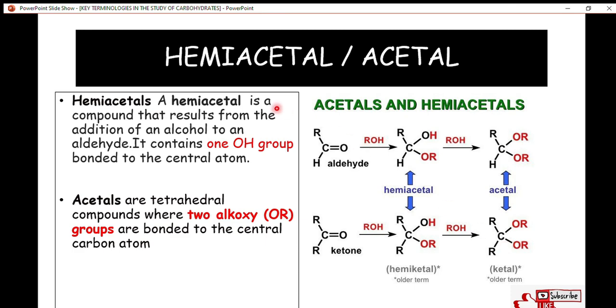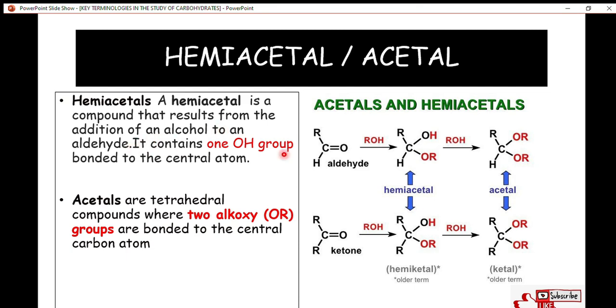Another set of words that we have to know before we can study carbohydrates without any difficulties are ketal, acetal, and hemiacetal, and we also have ketal and hemiketal links. A hemiacetal is a compound that results from an addition of an alcohol to an aldehyde.